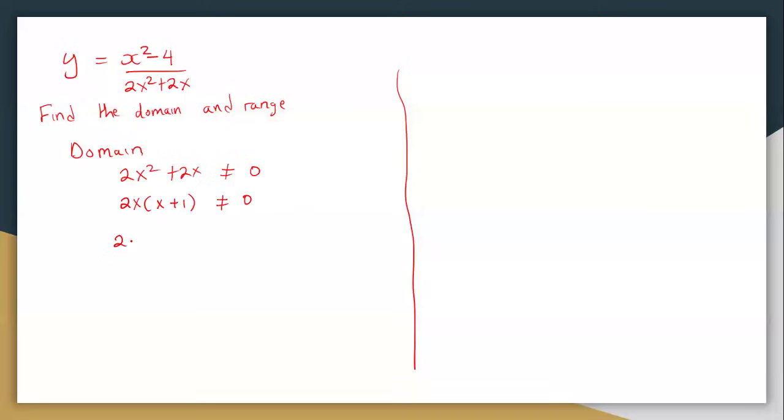So 2x should not equal to 0, meaning x should not equal to 0, or x plus 1 should not equal to 0, therefore x should not equal to -1. That means we shall have all the values of x apart from 0 and -1. So don't forget those values.